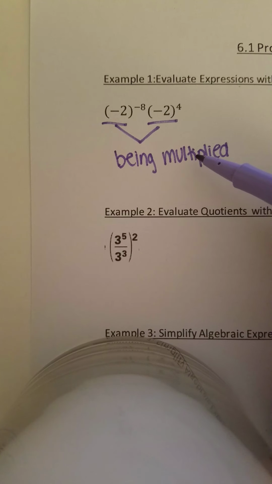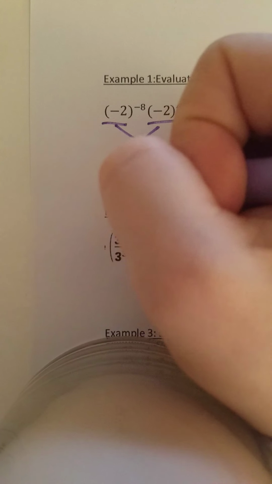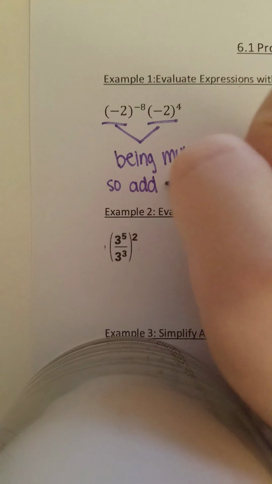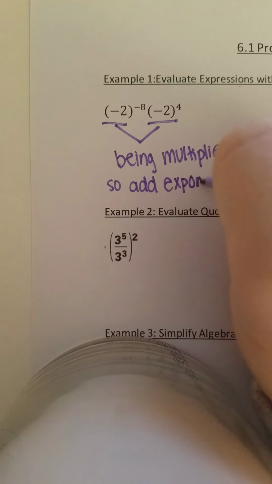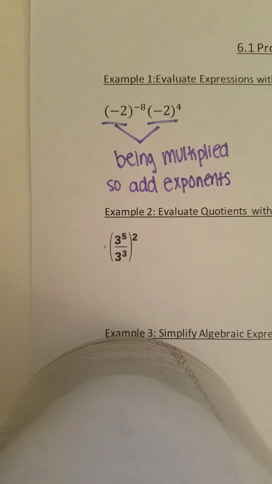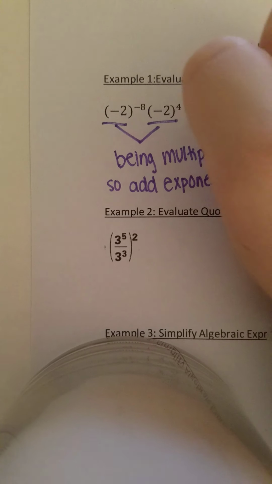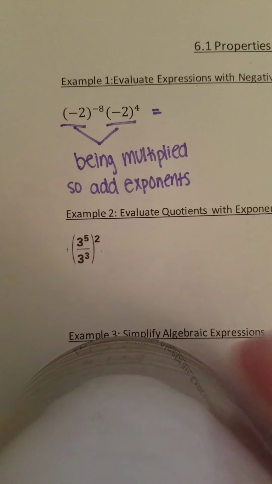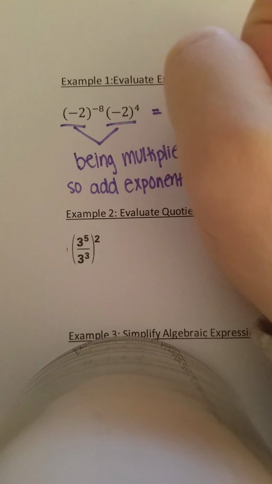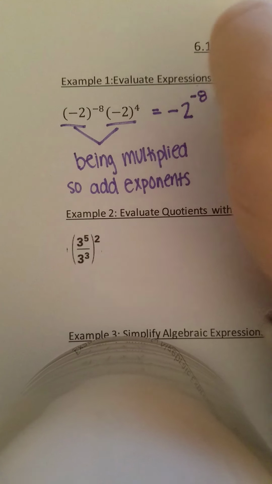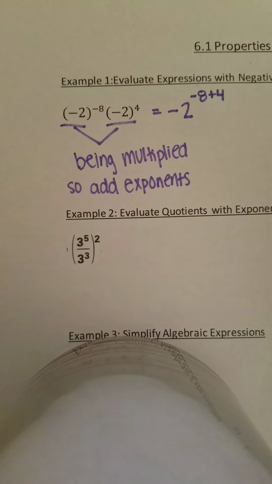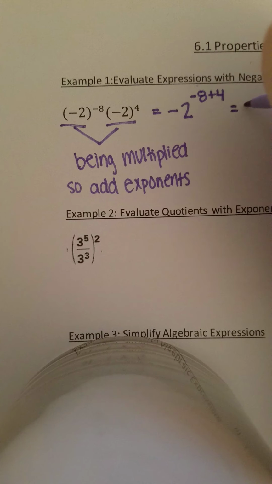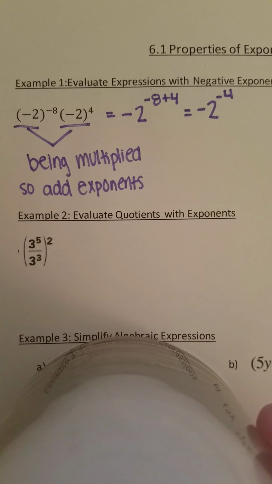When things are being multiplied, you add the exponents, because multiplication goes with addition. So this is going to be equal to -2 to the -8 plus 4 power, and -8 plus 4 is -4, so -2 to the -4th power.